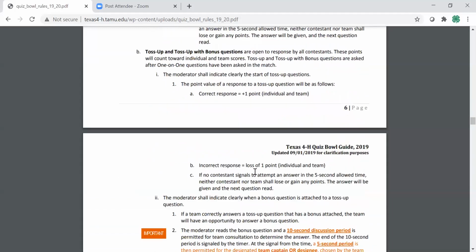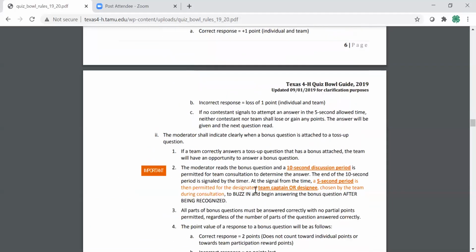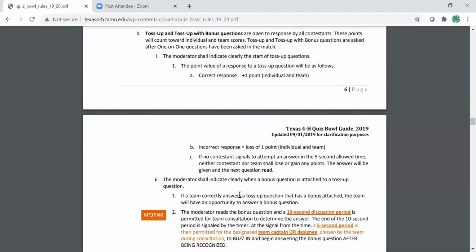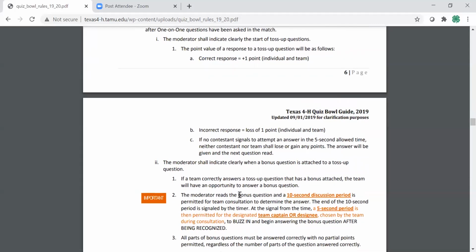Again, we talked about toss-up and bonus questions. So for bonus, if a team answers the toss-up that has a bonus attached correctly, they will say, great job, Team A. There's a bonus question attached. They'll read the bonus question, and then there will be a 10-second discussion period where the team can discuss.